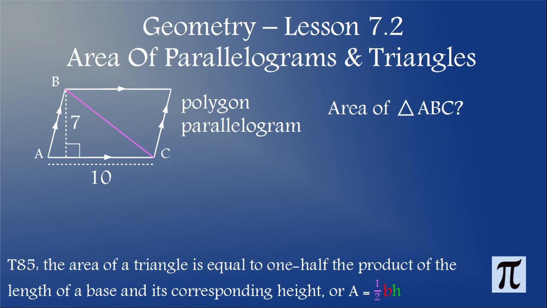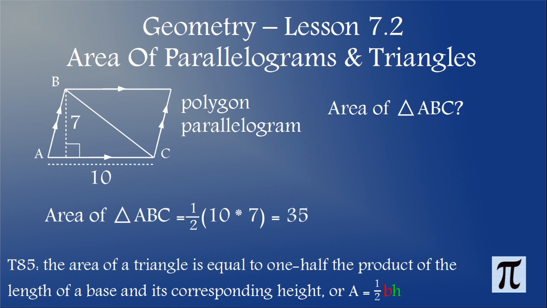The area of a triangle is equal to 1/2 the product of the length of a base and its corresponding height, or area equals 1/2 base times height, which makes sense. We're just cutting the parallelogram in half, so the area would be half. So the area of triangle ABC would be equal to 1/2 times the base times height, the same base and the same height. So we end up with 35.